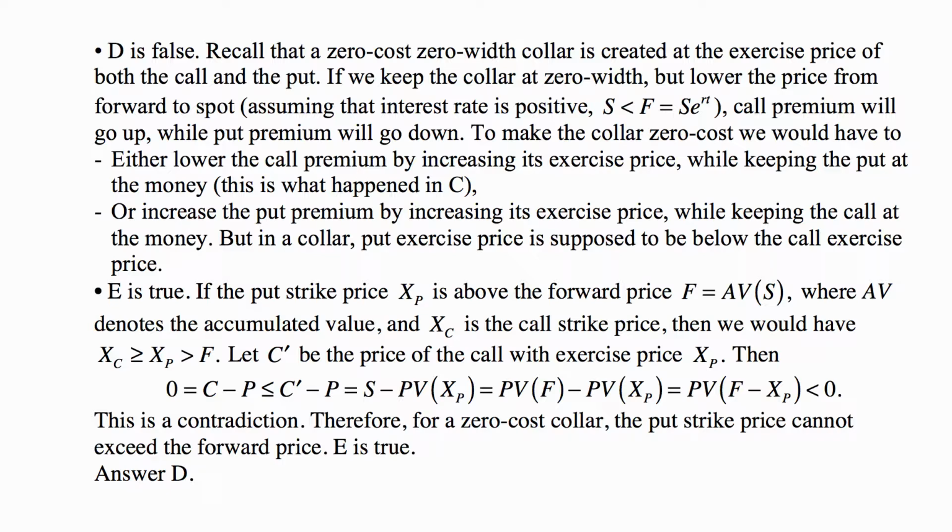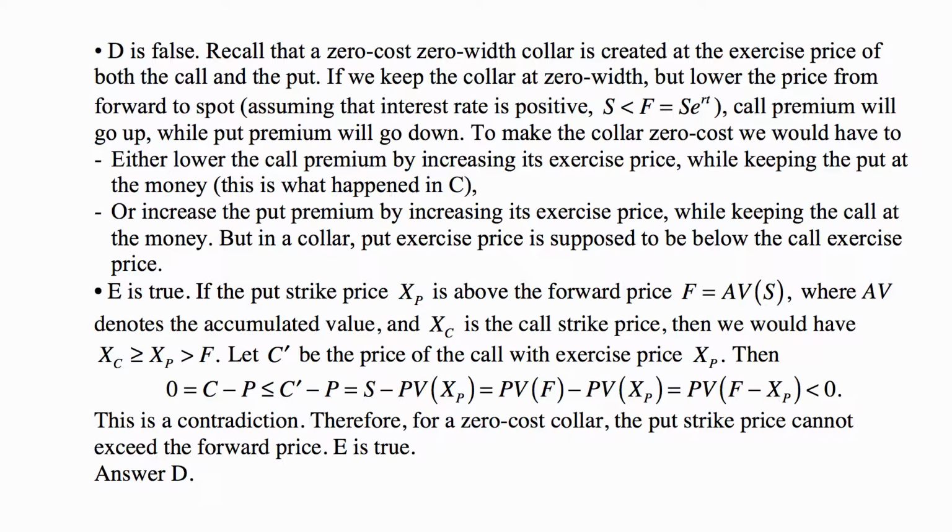Then 0, which is C minus P, is less than or equal to C prime minus P, which is equal to S minus the present value of XP by put-call parity, which is the present value of F minus the present value of XP, which is the present value of F minus XP, and that would be less than 0.